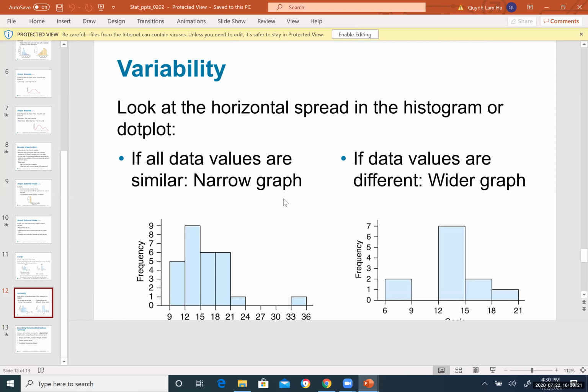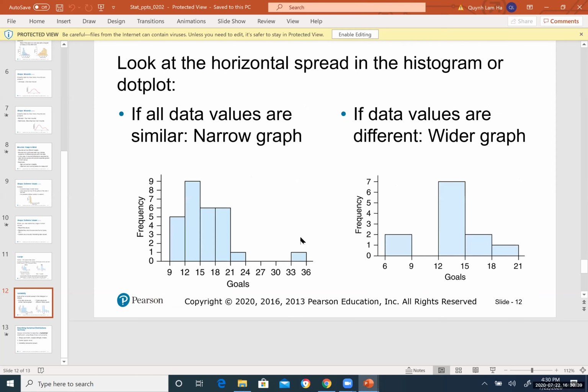So I would like to go back to this. What does it mean here? They put 2 dots right there. Maybe they are describing this one: if all data values are similar. They don't really tell which one is the horizontal spread. It depends on us. This one has less spread, right?